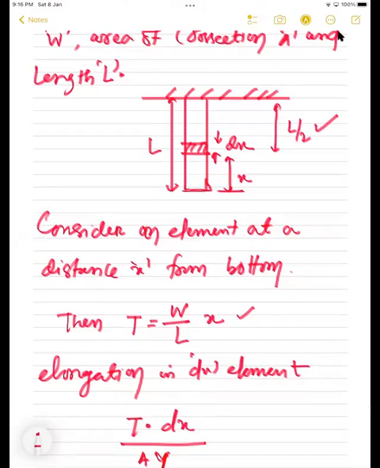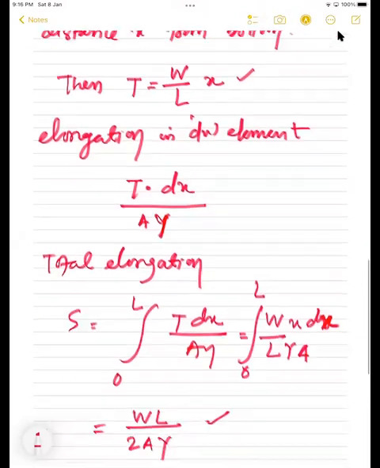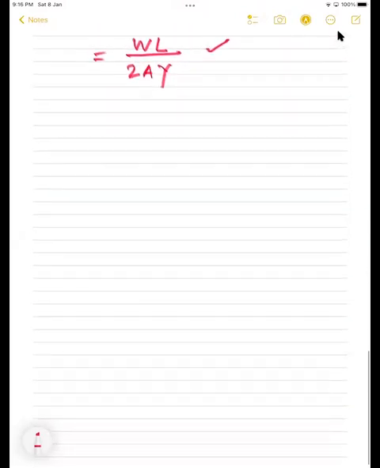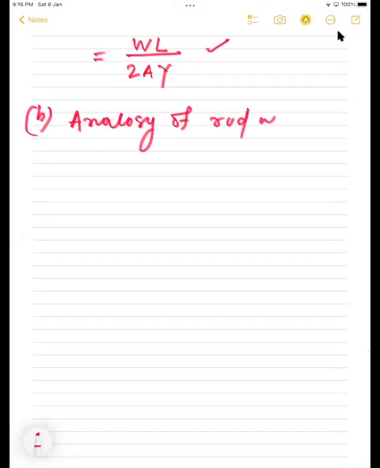Let's compare this rod concept with a spring, right? Analogy of rod with spring.